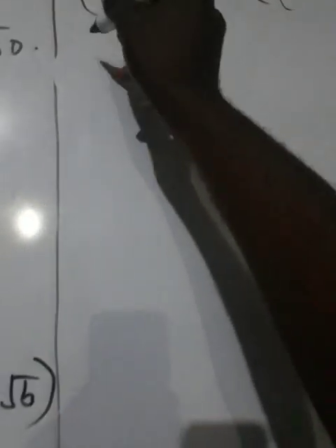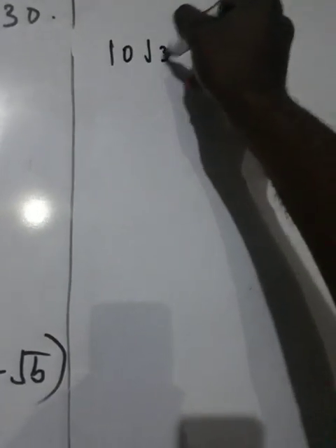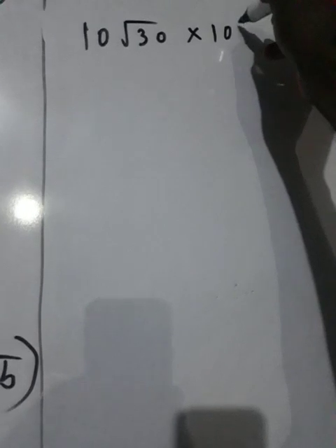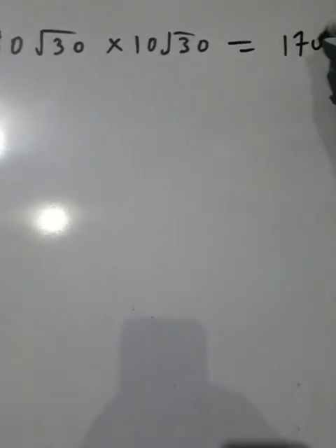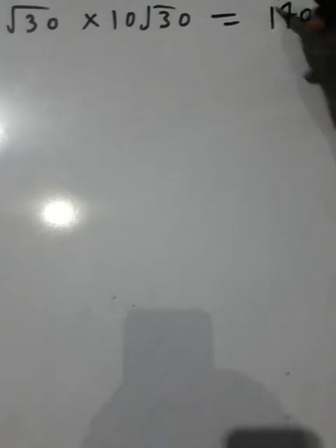Here in this case, square cancels square root. And in this case, this is 10 root 30 times 10 root 30, not root 3. This is equal to 170 minus b times b.